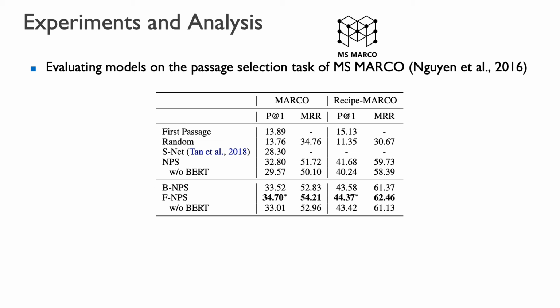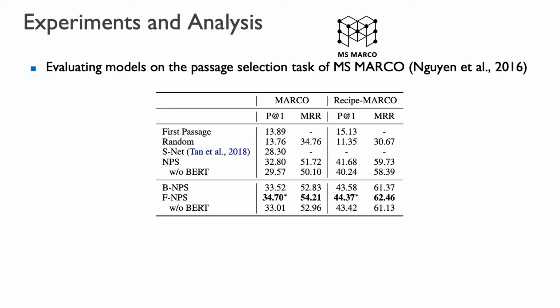Here, in this table, we present the performance for the baselines and our systems. We compare to a number of previously published baselines, including S-Net, and directly selecting the first passage, as well as a neural passage selector, which is NPS. B-NPS means our model which uses a basic encoding for the metadata information.